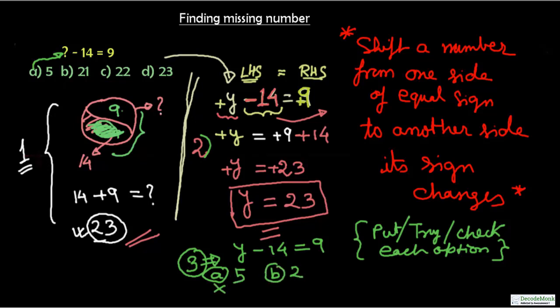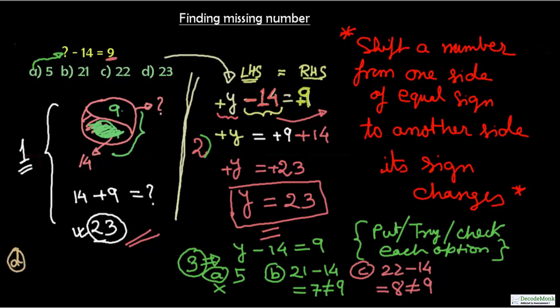So this cannot be true. Next, the option 21: 21 minus 14 is 7, which is not equal to 9. Next, let us try option C, which is 22. 22 minus 14 is 8, which is again not equal to the right hand side, which is 9. Now trying option D, let me do that here.